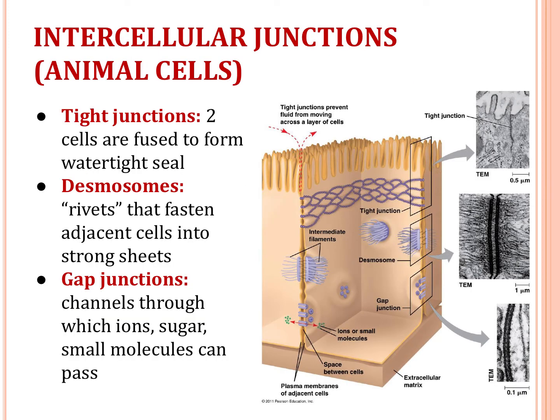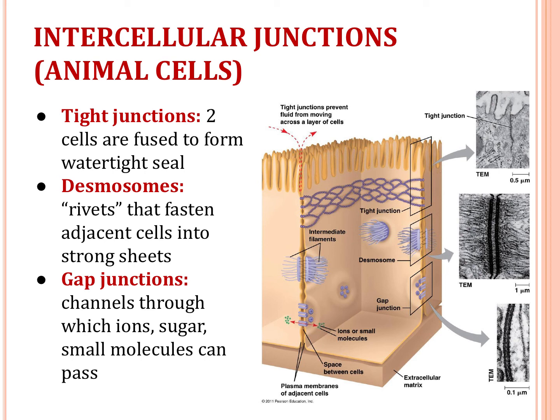In addition to the extracellular matrix, animal cells also have a variety of intercellular junctions. There are tight junctions that form a quilting-like effect to anchor two cells together to form a watertight seal. There are desmosomes that you can see in the picture there. They are rivets that fasten adjacent cells into strong sheets.